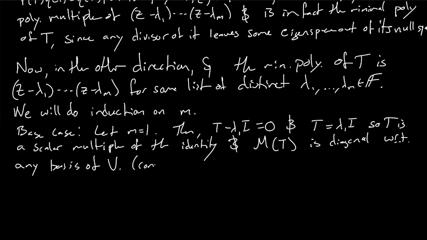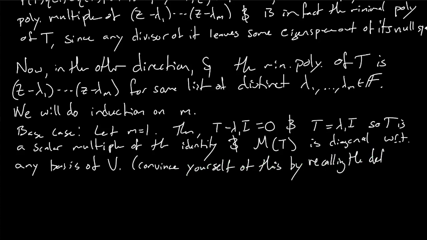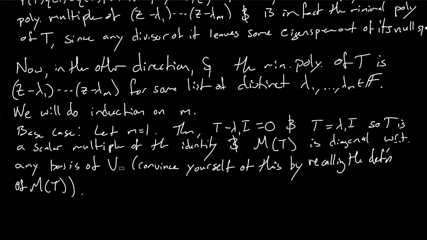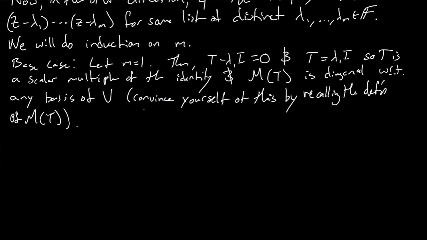If you don't believe that, convince yourself of this by recalling the definition of the matrix of T. And here I will very briefly erase that little period right there. Okay, and that finishes off the base case.